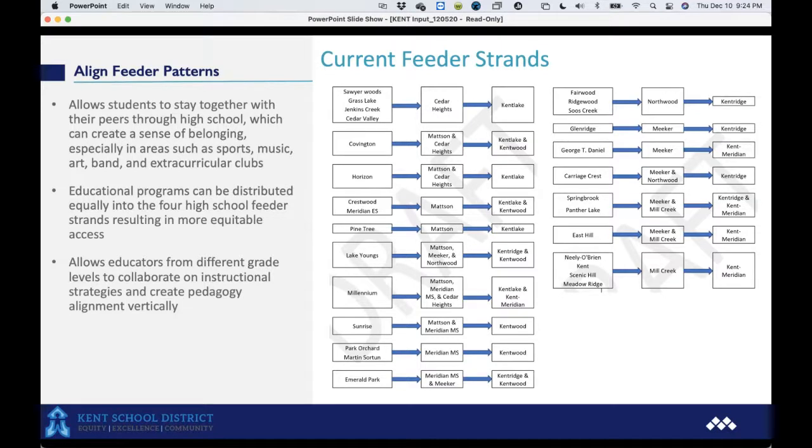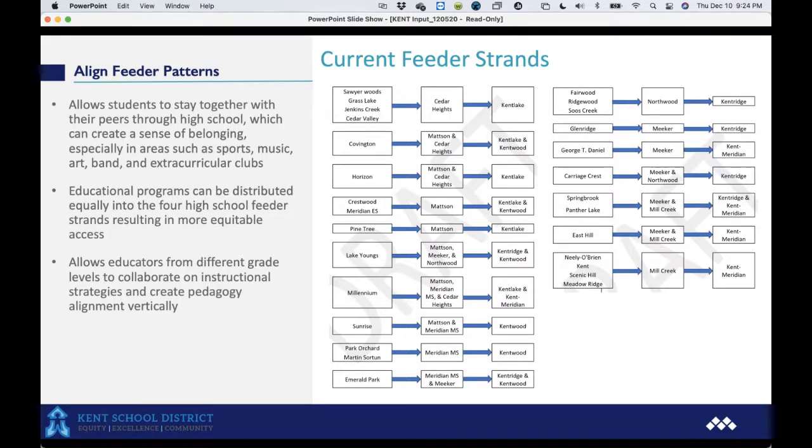It allows educators from different grade levels to collaborate on instructional strategies and create pedagogy alignment vertically. And it was the number 1 factor from the survey respondents when asked what their most important benefit would be from this review.